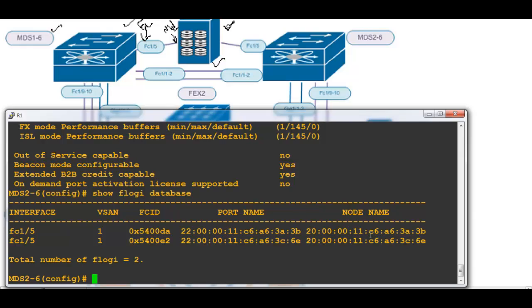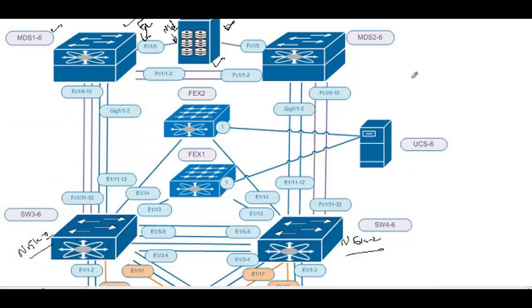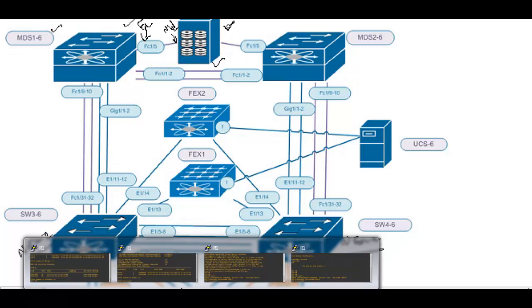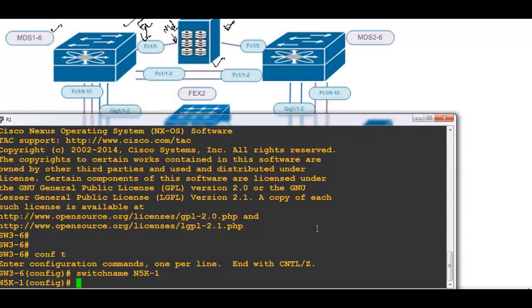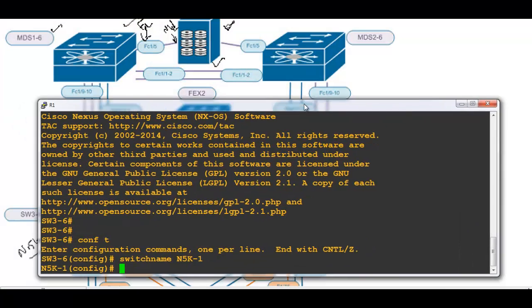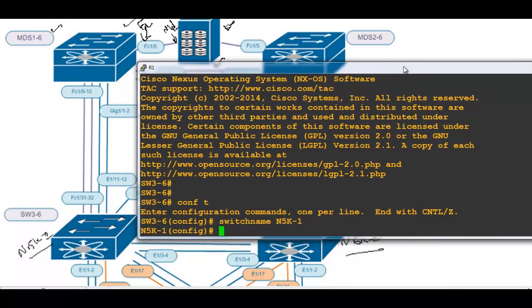Alright, what is next? I want to see this on the other switch on 5K1. Now let's go to 5K1 first. On 5K1, what are the interfaces that you want to be in FC? 31 and 32.